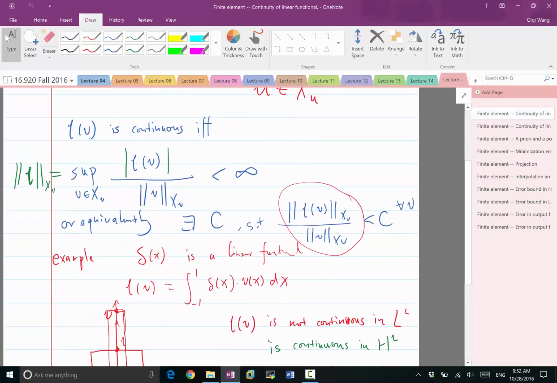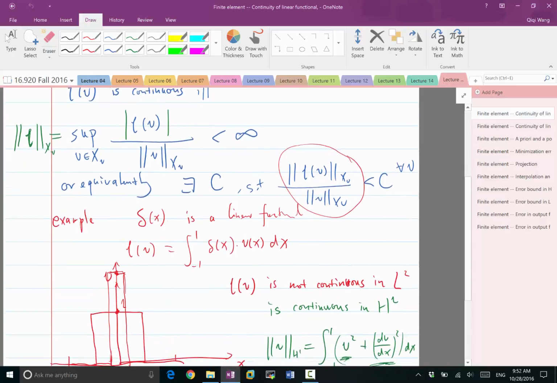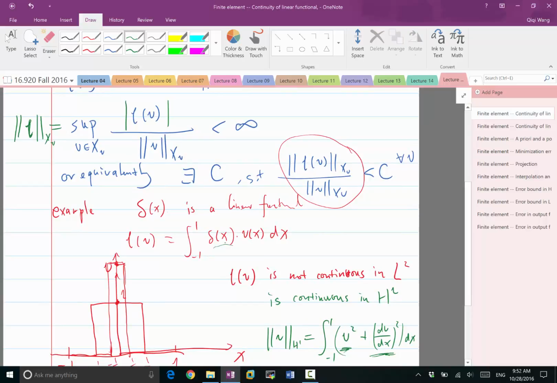Is your question if you define L of V as the integral of the function between 0 and 1? What do you mean by a step function between 0 and 2? And you're saying you're going to replace the delta function with a step function? Is that right?